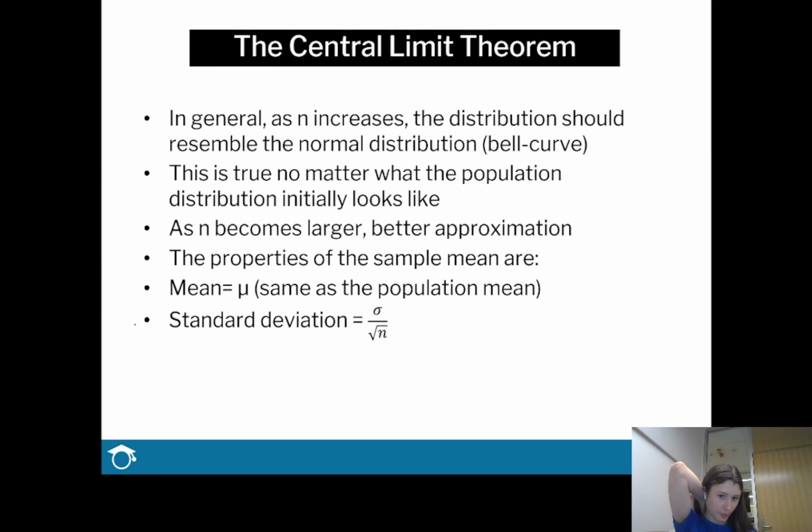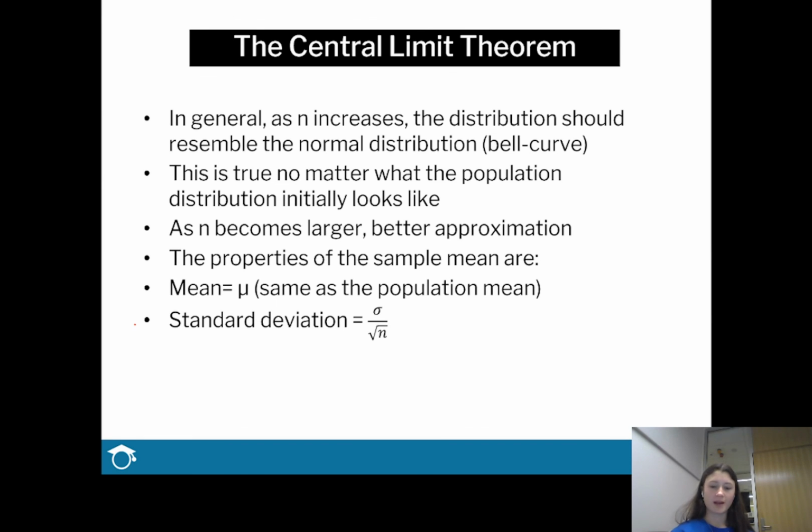The properties of the sample mean are that the mean of the sample is the same as the population mean, which is something important to remember, and that the standard deviation is the population standard deviation divided by the square root of n. And something to look at about the standard deviation formula is that as n increases, we're dividing the standard deviation of the population by a bigger and bigger number.